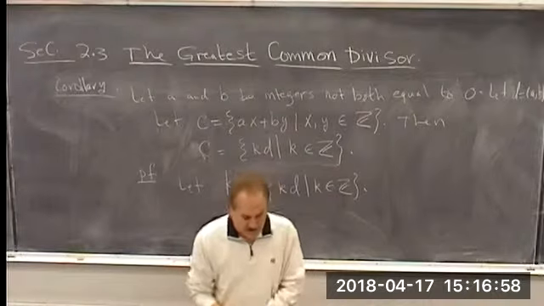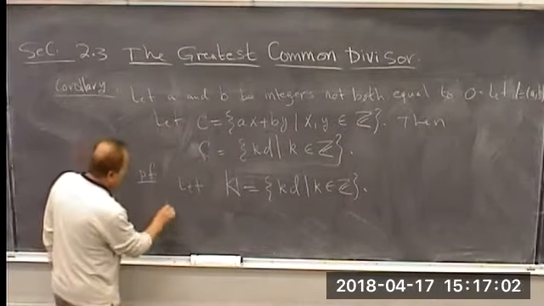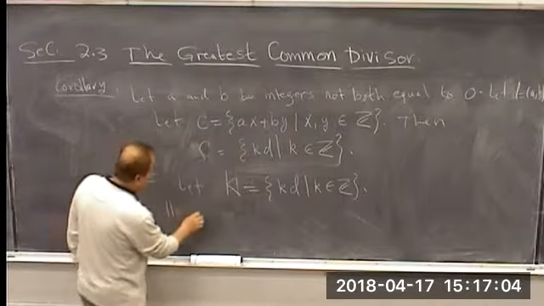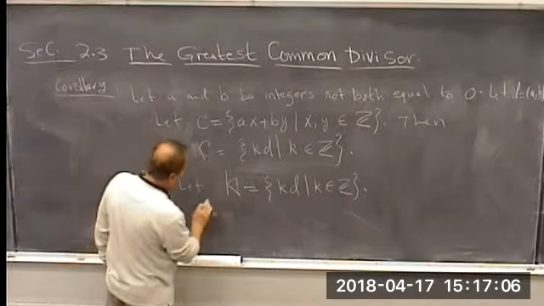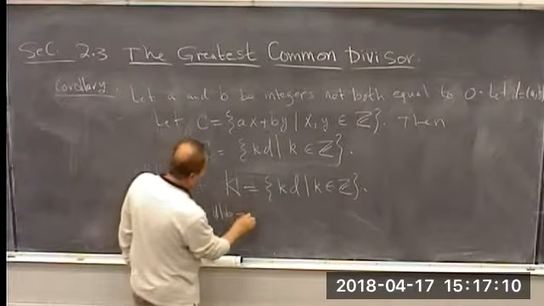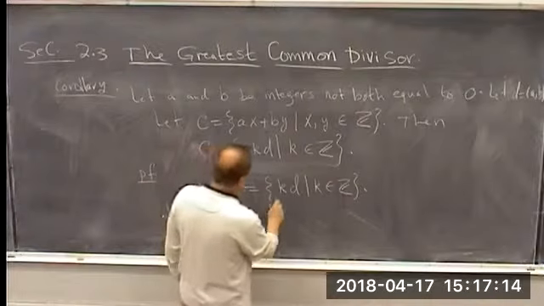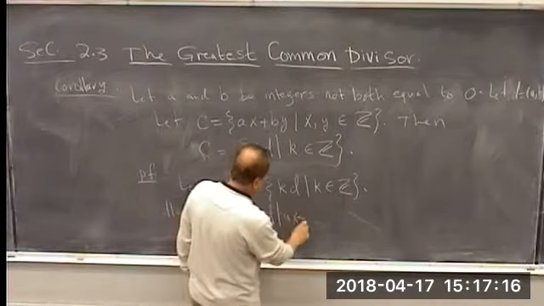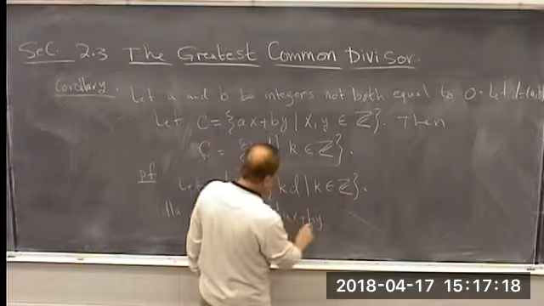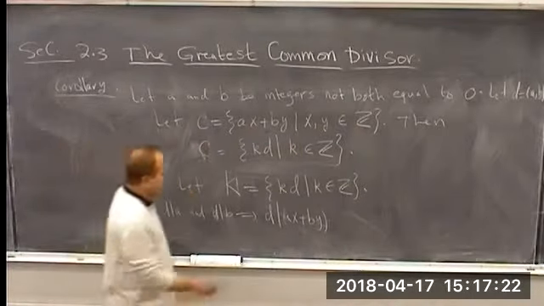Let's start. We have D divides A and D divides B, which implies that D divides any linear combination.